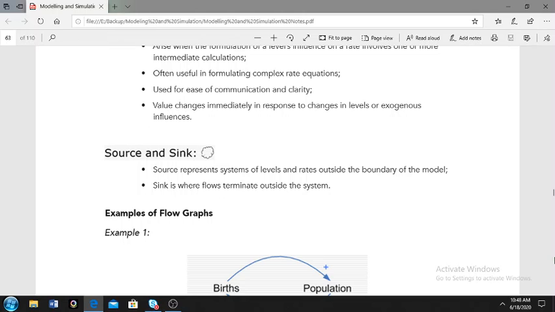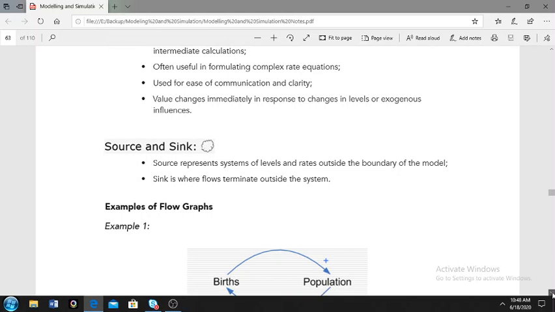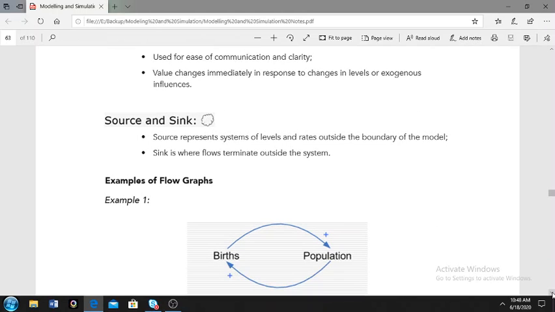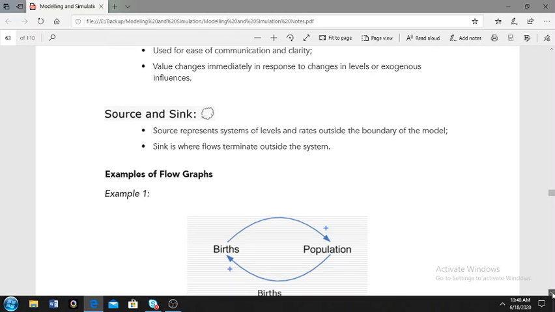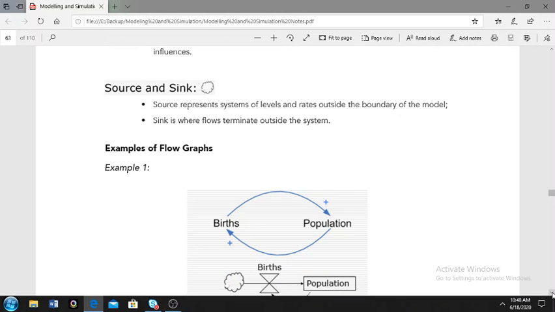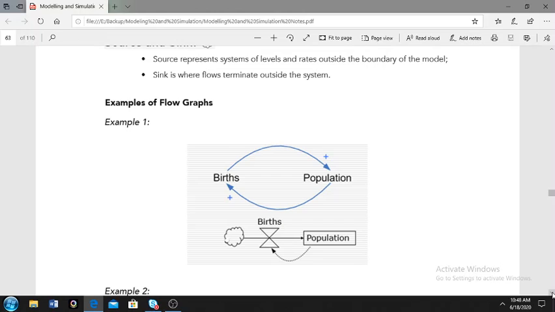So the source and the sink represent the boundary of the system, where the system starts and where the system ends. So this is the source. Here, if you want, you can put a sink. But what interests us here are this rate and this stock.